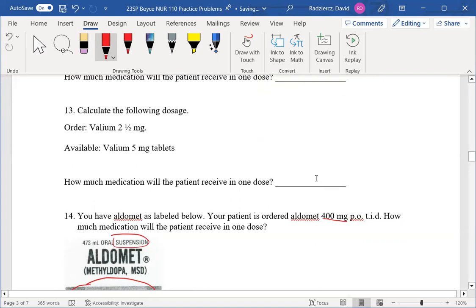All right. So I don't have a label, but I have the available. It says to calculate the dosage for Valium 2.5 milligrams with Valium 5 milligram tablets available. So what would you put as your answer for number 13?